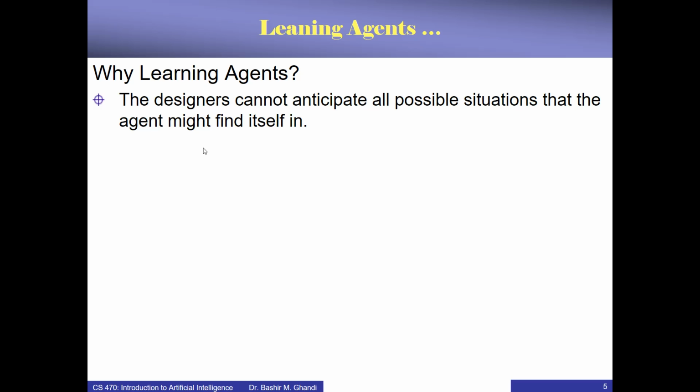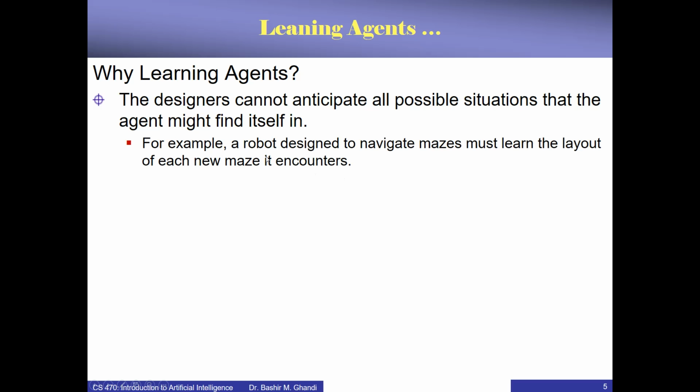environment on its own. Another example is the agents that are designed to navigate mazes. They must learn on their own the layout of each maze they encounter, because the programmer cannot, of course, anticipate all the possible mazes.